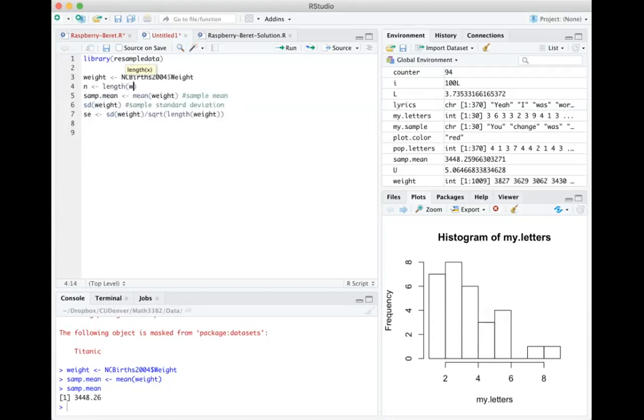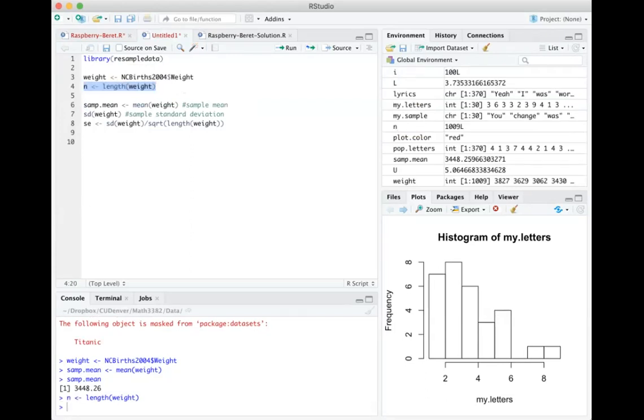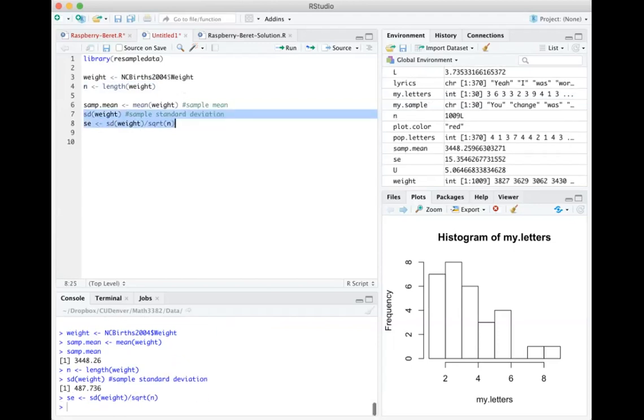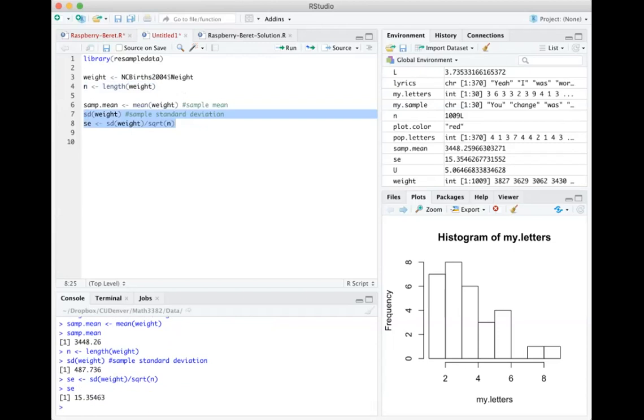So n is going to be the length of weight, which is how many things we have in our sample. And then this is simply going to be the standard deviation of the weight divided by the square root of our sample size. Let's see what the standard error is. That gives me a standard error, or at least an estimate for the standard error, which is 15.35.